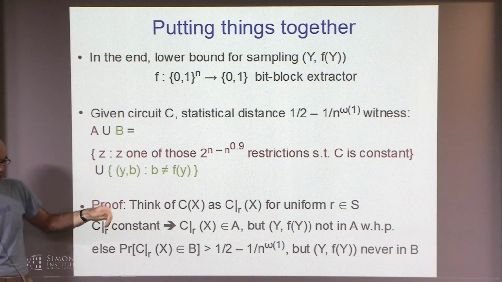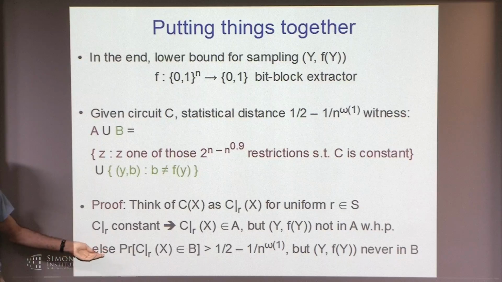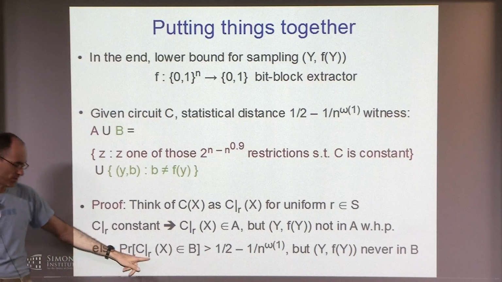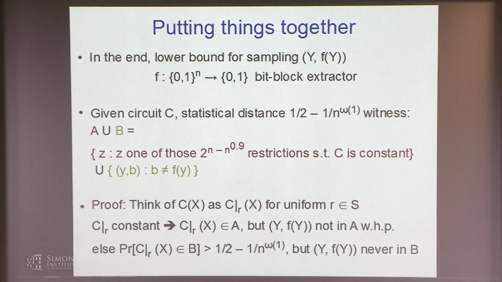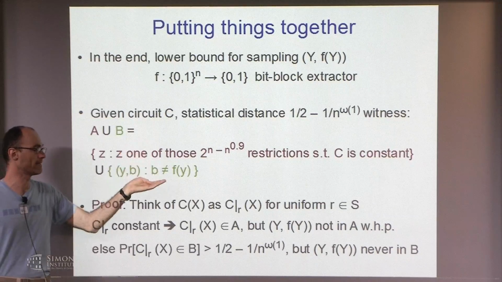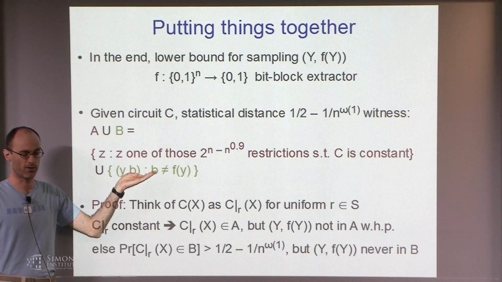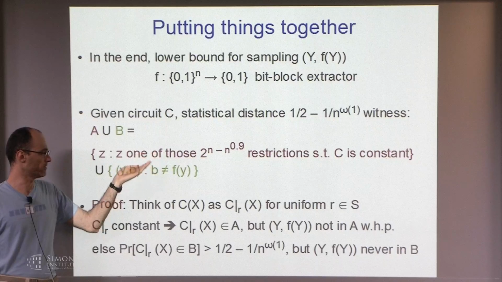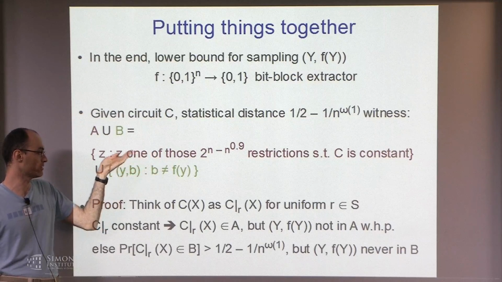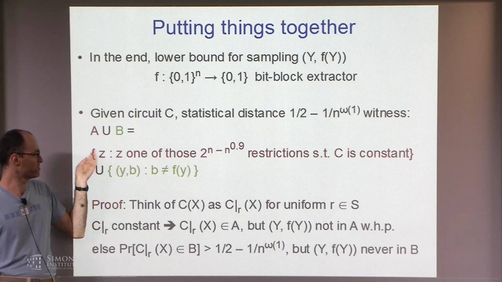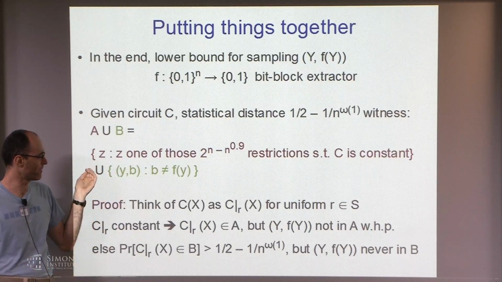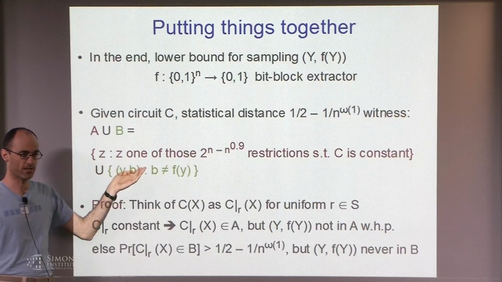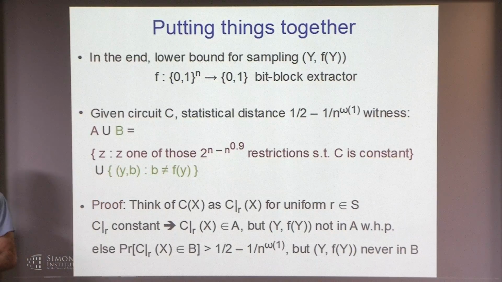And otherwise C of R has a lot of entropy, and then you can use the previous result. So the type of tests that guarantee these things are of this type. And you cannot really get away without one of these two, because if you just have A, then the circuit could just output something which lands there. If you just have B, then you may not get the statistical distance that you want.